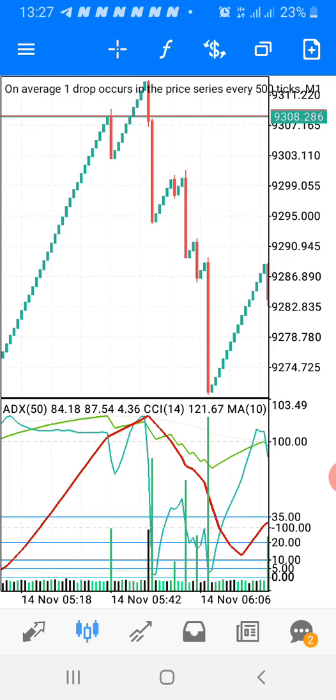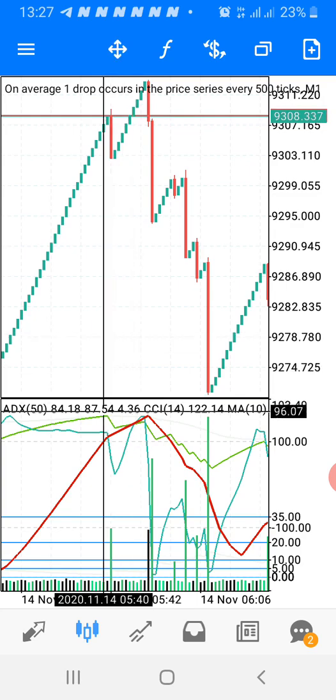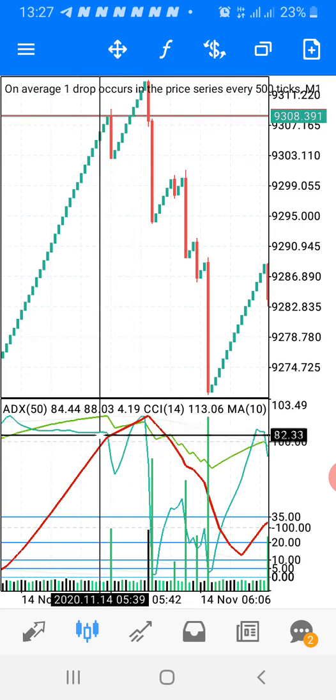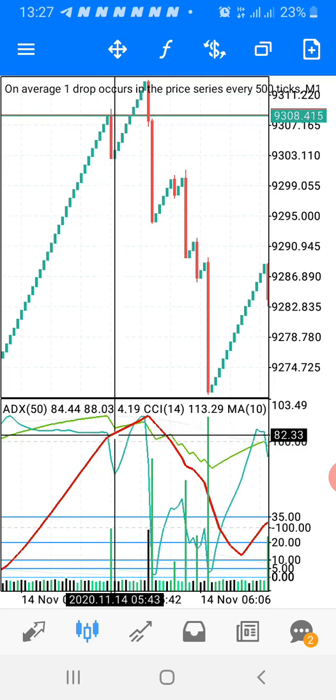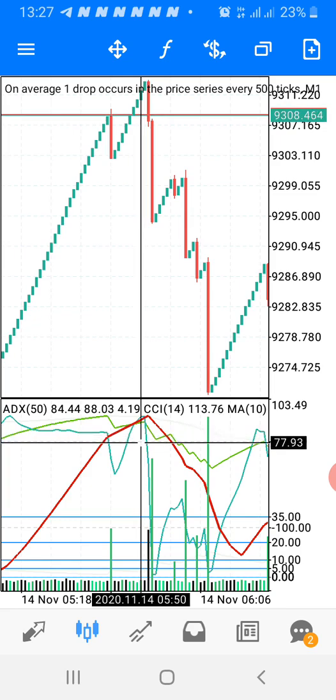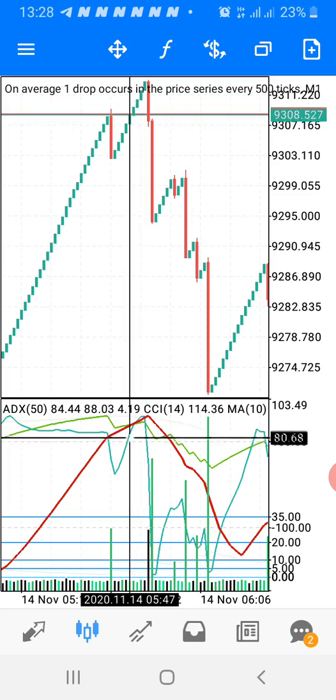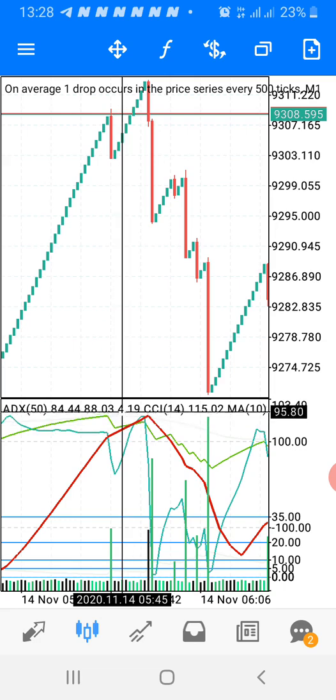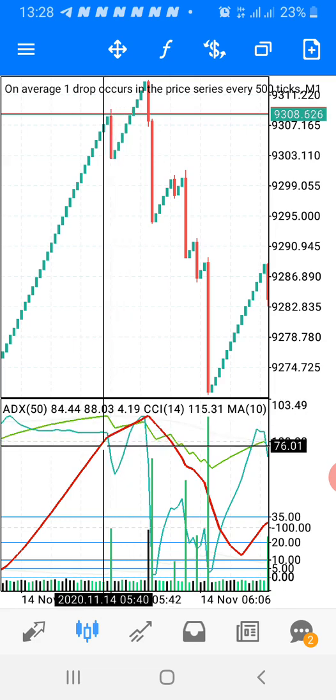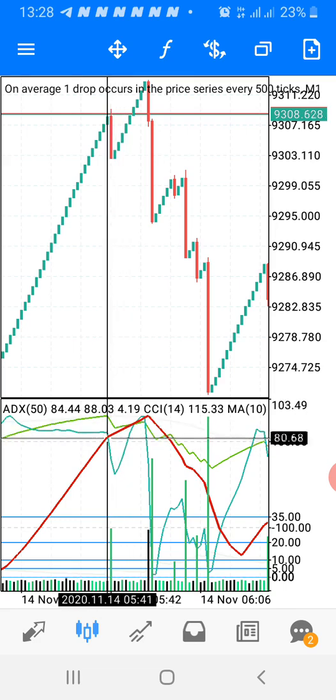Once this red moving average crosses above this dark green line at the overbought level, which is from this 100, consider a sell. Get ready for a spike, just like this.